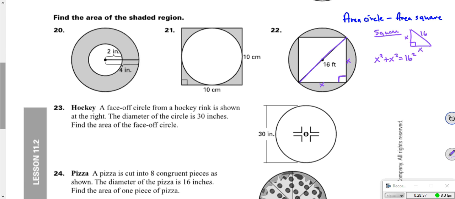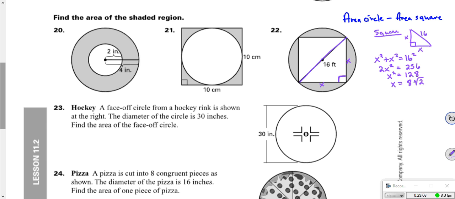So this is 2x squared equals, I believe, 256. Then divide by 2, x squared equals 128. If you figure out what x is, take the square root of that. That is 8 root 2.